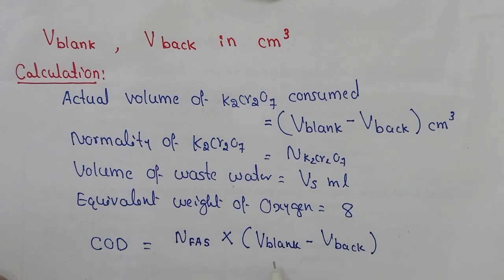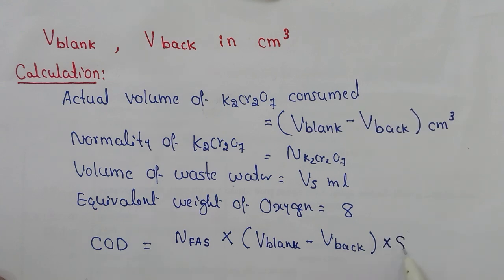The titer value V blank is always more than V back. Why? Because here potassium dichromate is not consumed. Oxidation does not take place, because we use only distilled water. But in the case of back titration, we use 25 ml of wastewater, which contains organic impurities, and it is oxidized. Therefore V back is less than V blank.